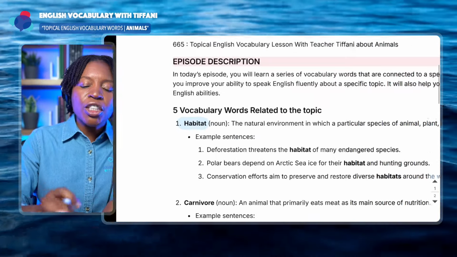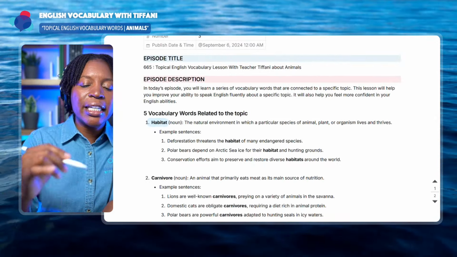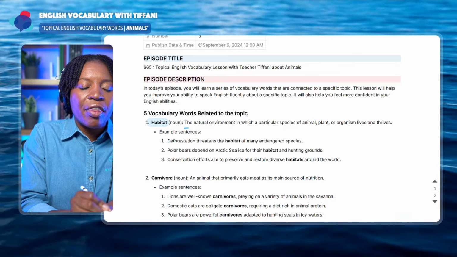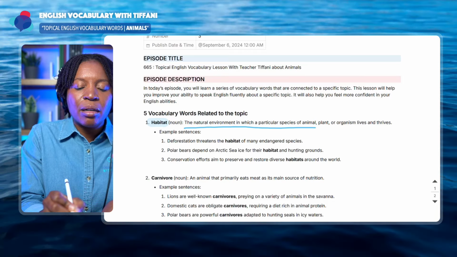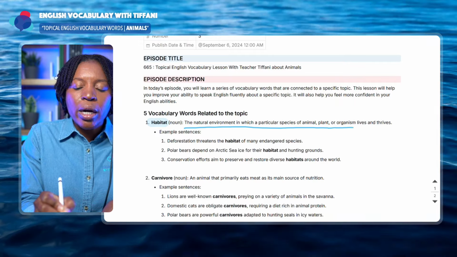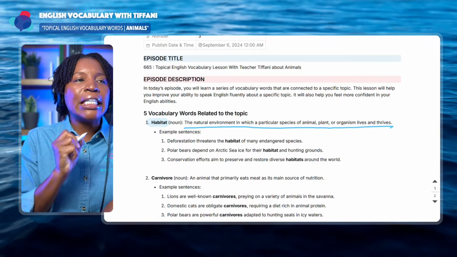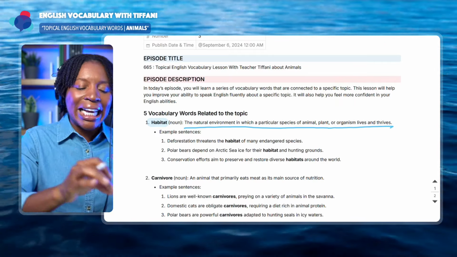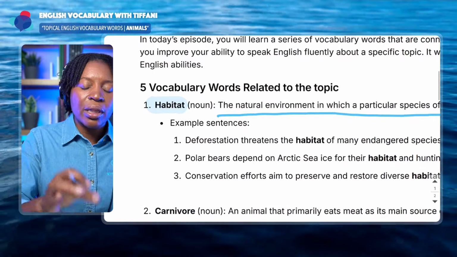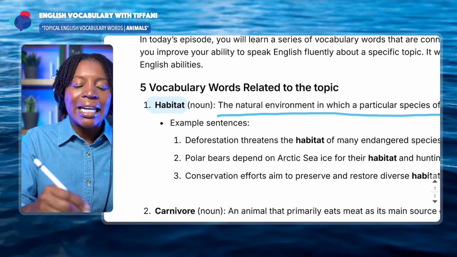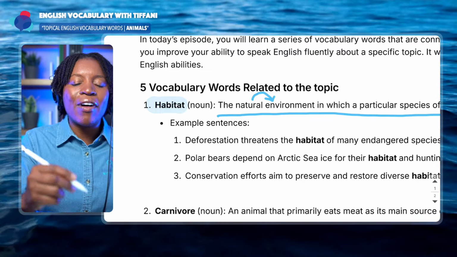Excellent. Now, this term habitat, it literally just refers to the natural environment in which a particular species of animal, plant, or organism lives and thrives. In English, we say habitat. And the key within this definition is natural environment.